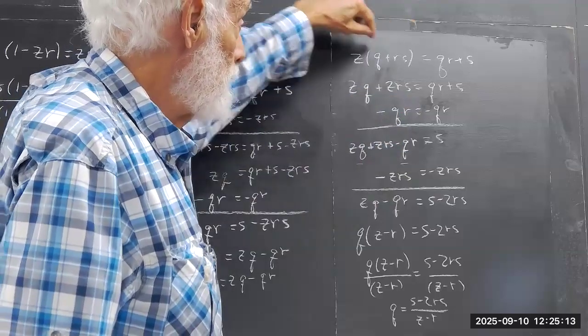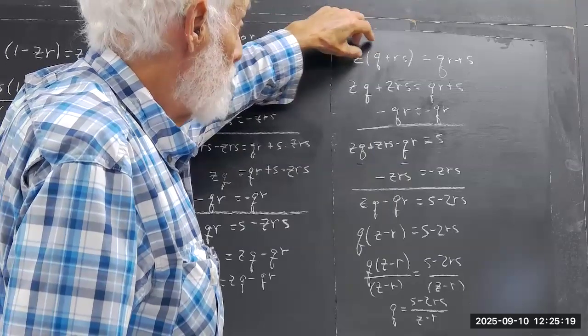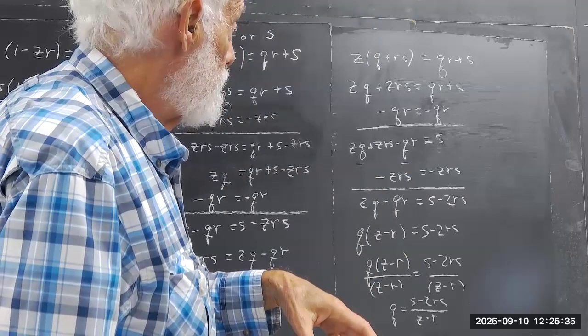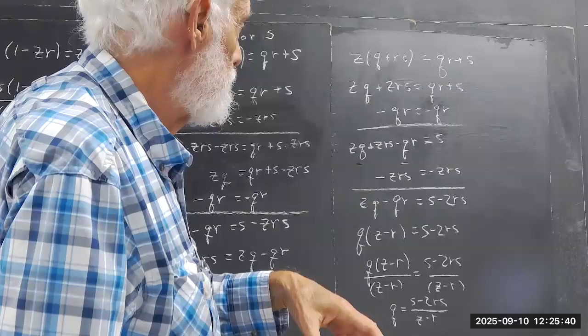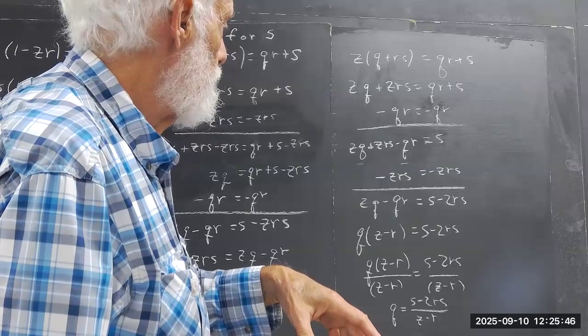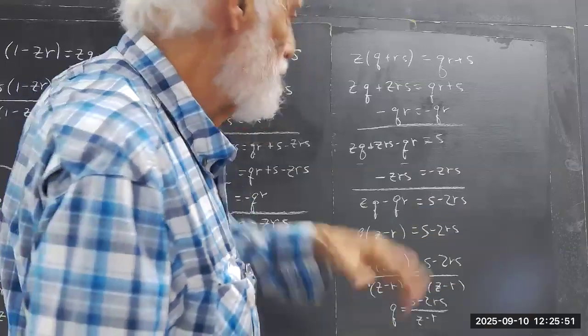We'll multiply through by Z. I'm sorry, we're trying to solve for Q. We're trying to get all the Q's on one side.